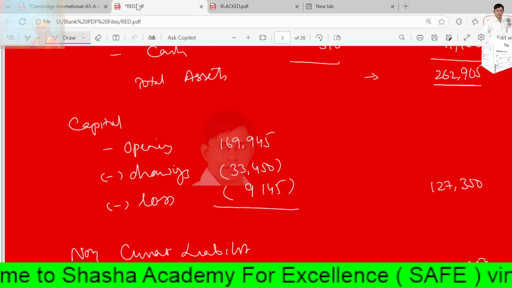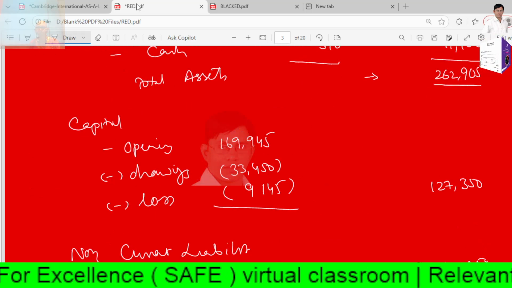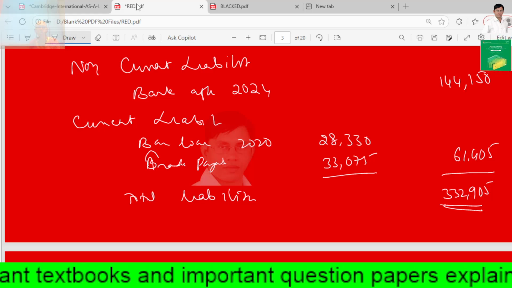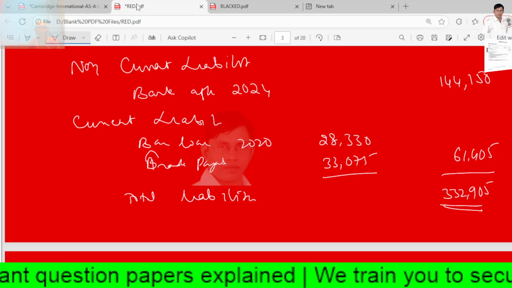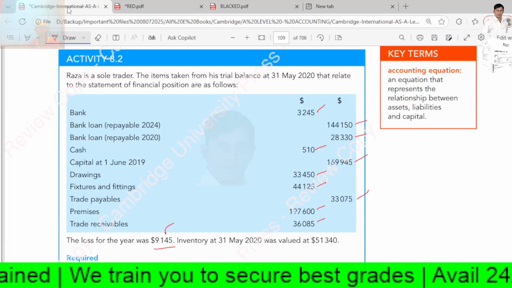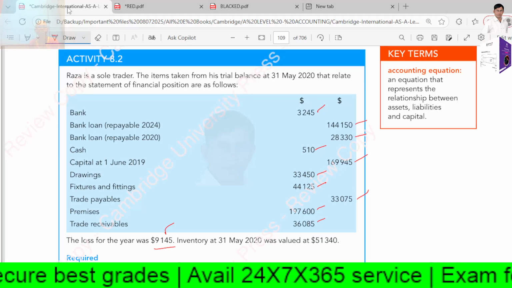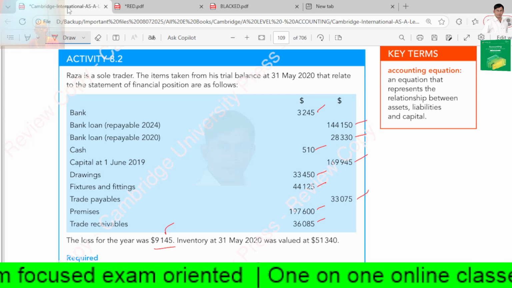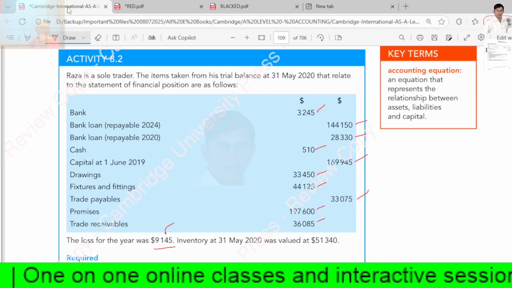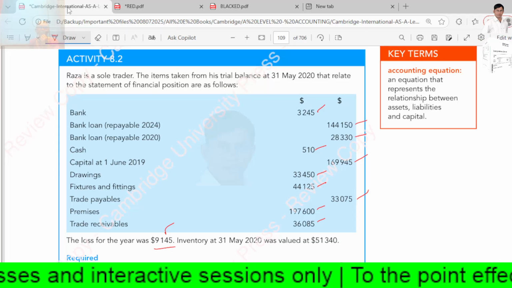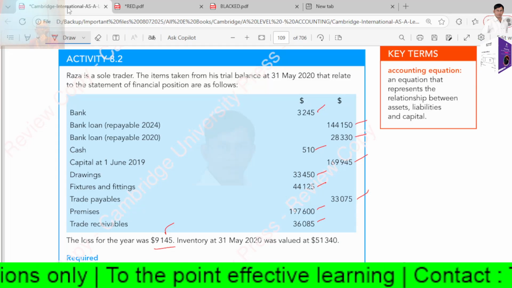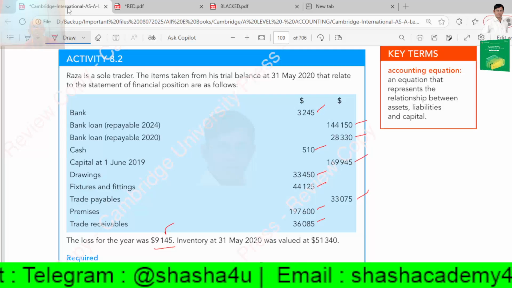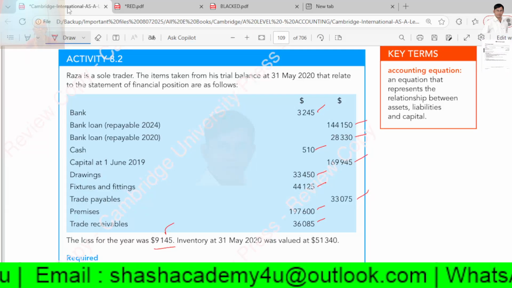Is there any error here? Let us cross check. What are the assets? Premises is 197600. Correct.